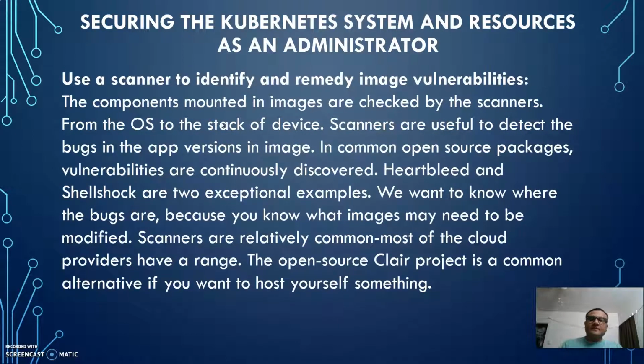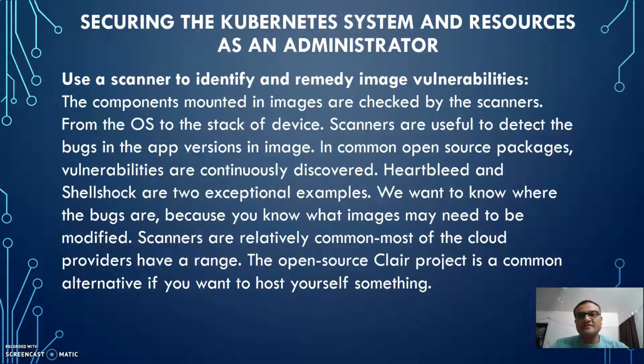So we should use a scanner for identifying and remedying image vulnerabilities. I have used KubeHunter and KubeBench. These tools are developed by Aqua Security, and it is not a 100% solution for penetration testing. Pen testing is a whole separate special expertise.